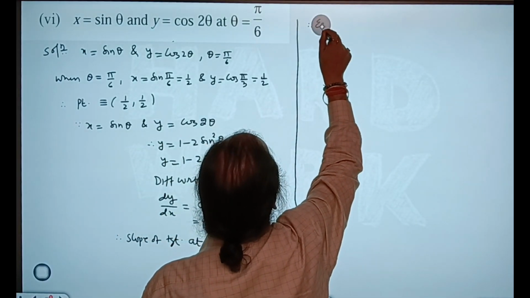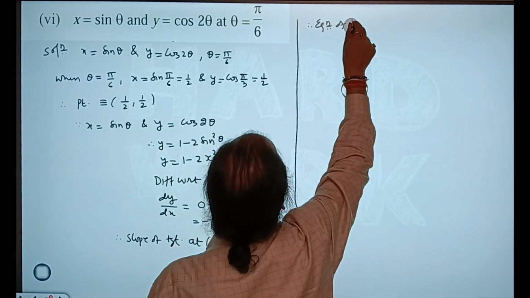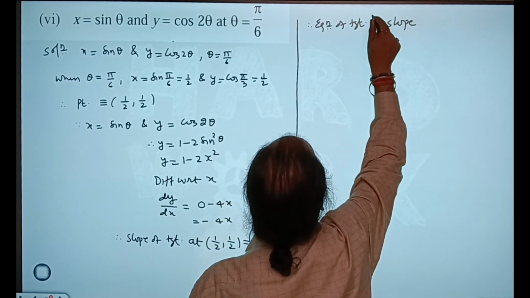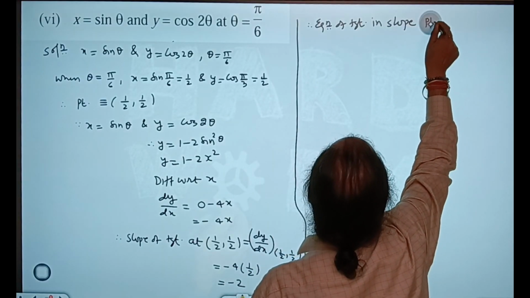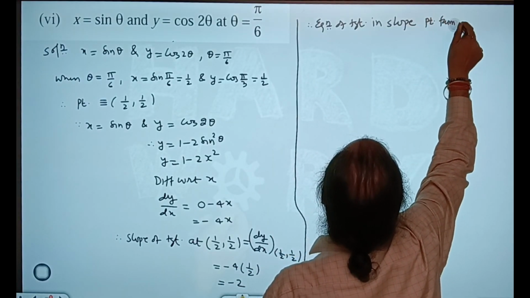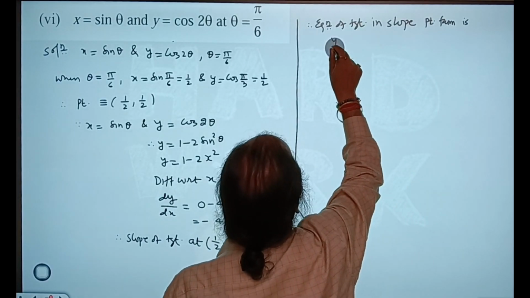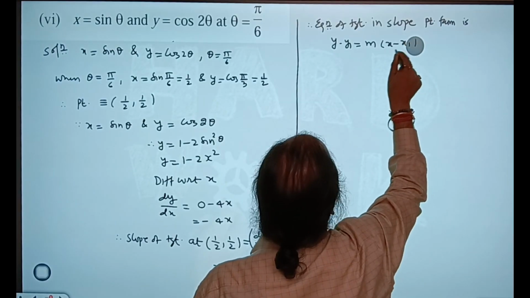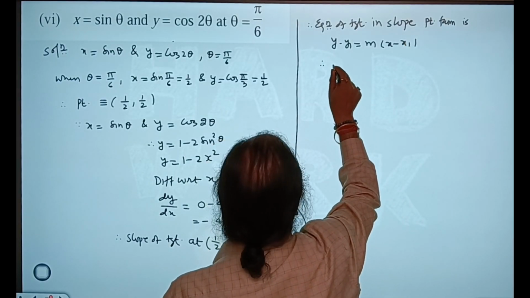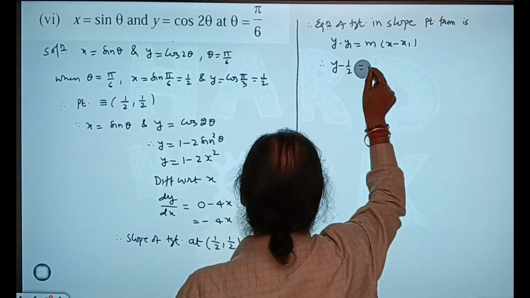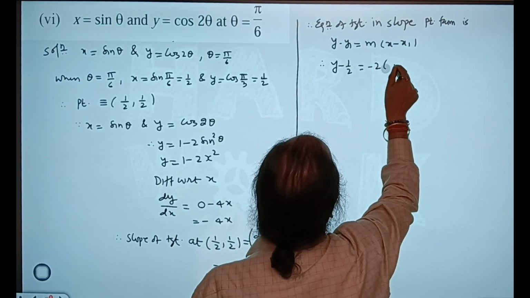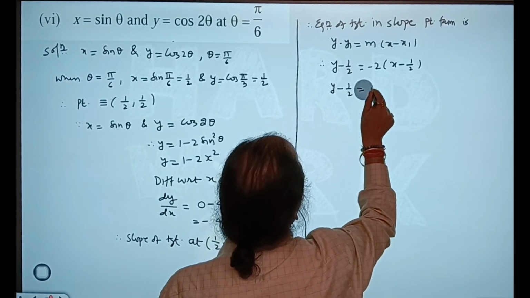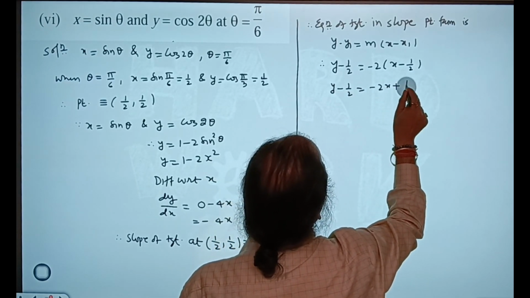Therefore, equation of tangent in slope point form is y minus y1 is equal to m into bracket x minus x1. So y minus half is equal to minus 2 into x minus half. y minus half is equal to minus 2x plus 1.